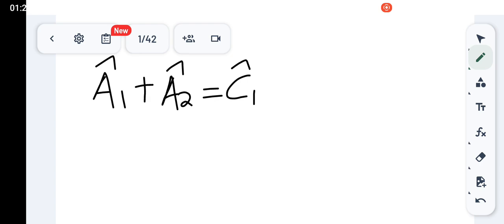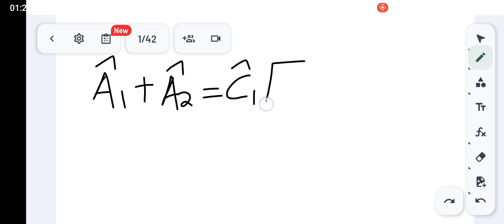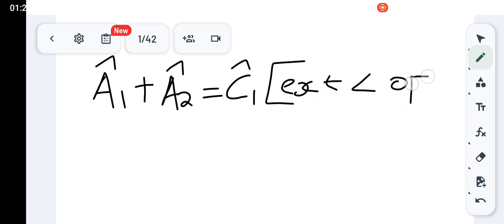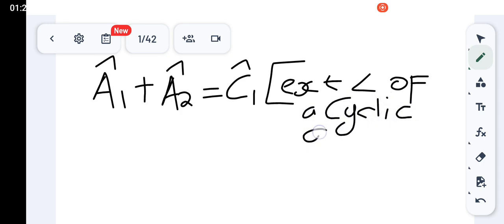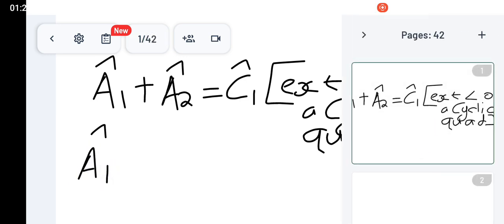This is Euclidean geometry. Remember, we said the exterior angle of a cyclic quad is going to be equal to the interior opposite angle. So you will say exterior angle of a cyclic quad. You don't have to write the whole statement of the theorem. In this case we want the value of A1.